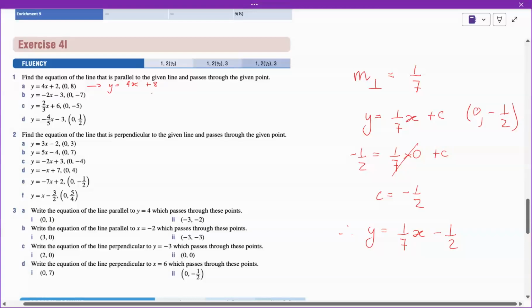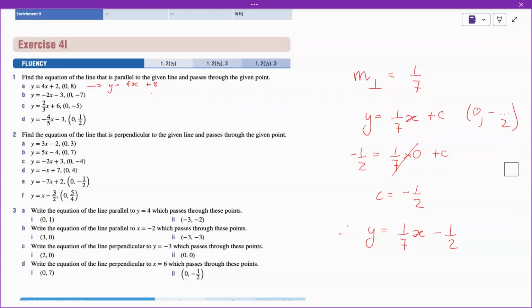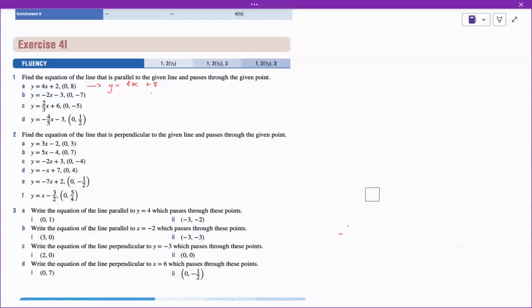Okay, let's have a think about question 3. Question 3 really is going to require some thinking, and it's going to require our knowledge of the gradient of vertical lines and also the gradient of horizontal lines. Now, a horizontal line is a line going straight from the left to the right, and it has a gradient of 0. So I might do 3b and c.